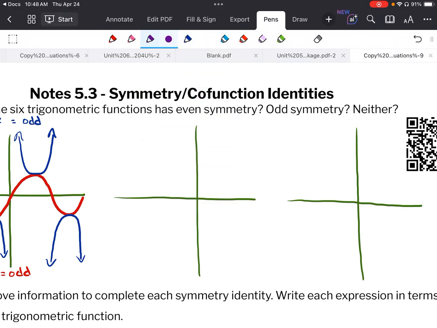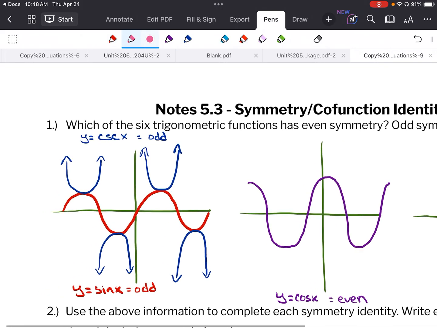Okay, cosine. This is the cosine, and for cos x, we're looking at the y-axis. Everything that happens to the right also happens to the left, so this will be an even symmetry graph.